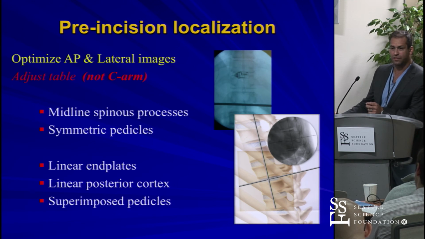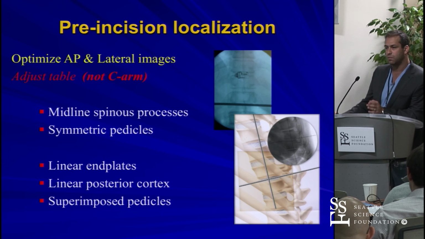I can't tell you enough, from the couple of guys that we worked with the other day in the lab, how important it is to spend your time. I'll spend as much time, if not more, before my incision, planning the operation with the patient on the table, positioning them properly, getting a perfect AP and a perfect lateral, because that is where you can go wrong.